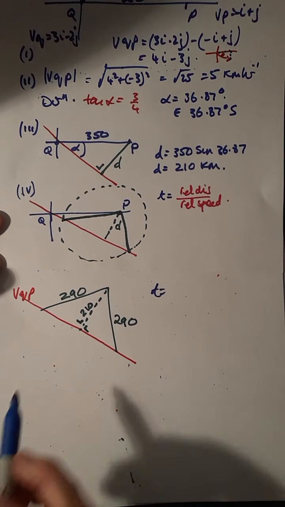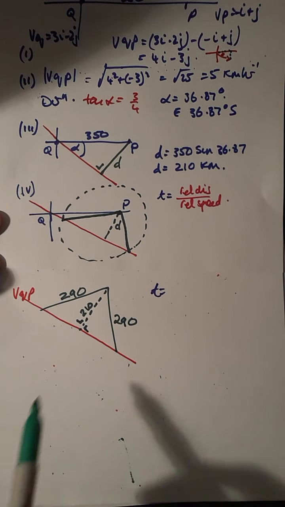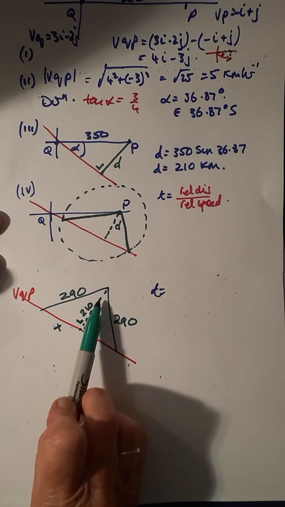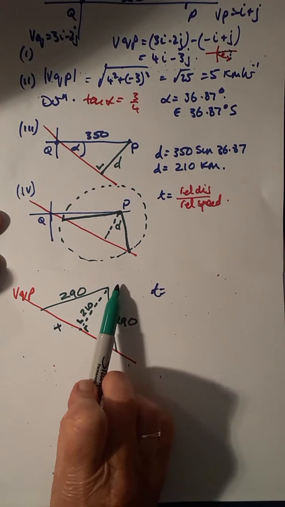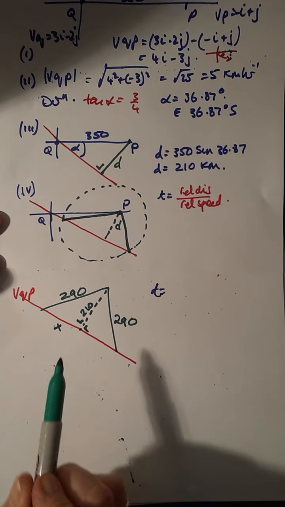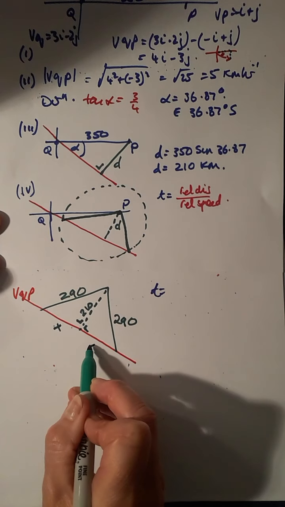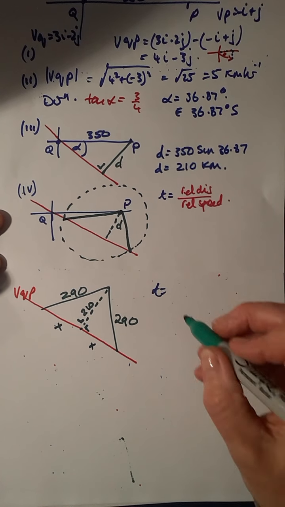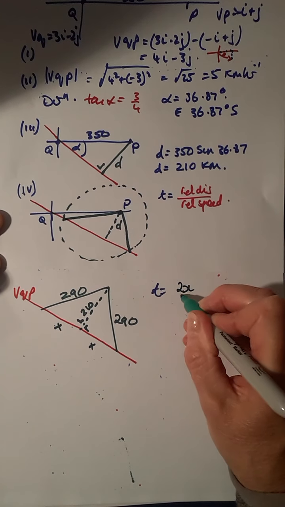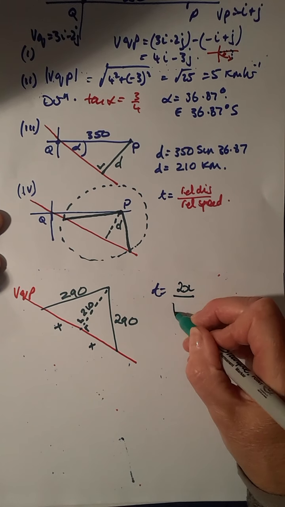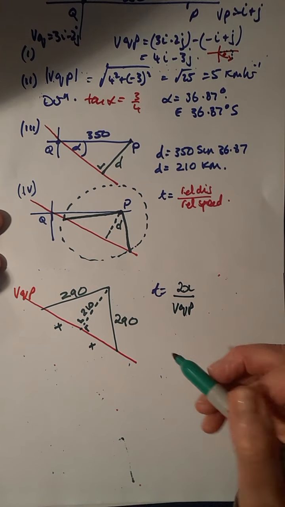If I could find x, because there are two identical right-angled triangles, 290, 210, x, and 290, 210, x, these two distances here have to be the same. So the relative distance is the distance on the red line, which is x plus x, divided by the relative speed, which is the speed of VQP, which I already have.